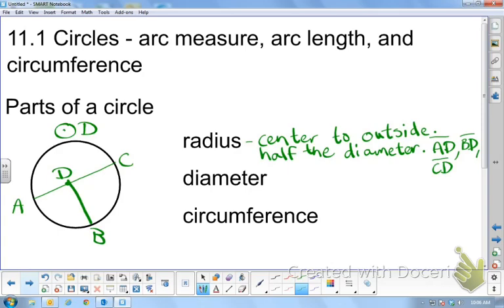What about the diameter? What do we know about the diameter of a circle? That's the full length of the circle. It's the line that goes all the way across the circle, through the center.